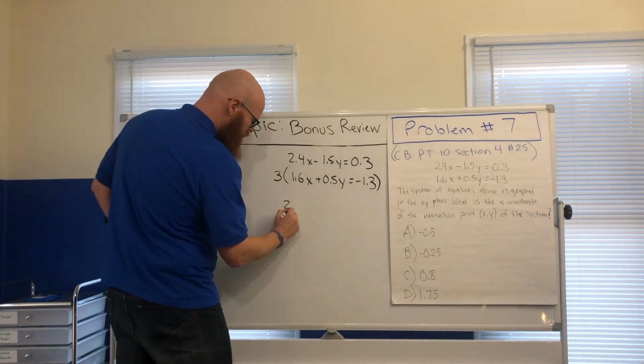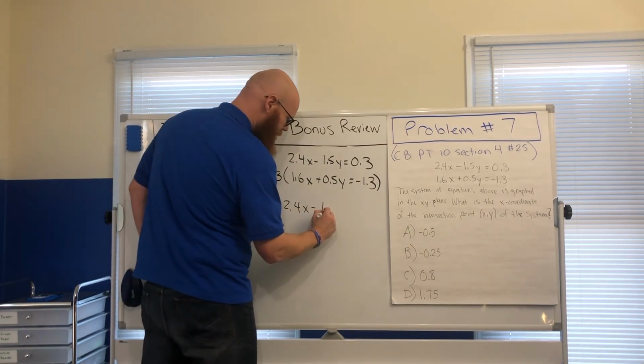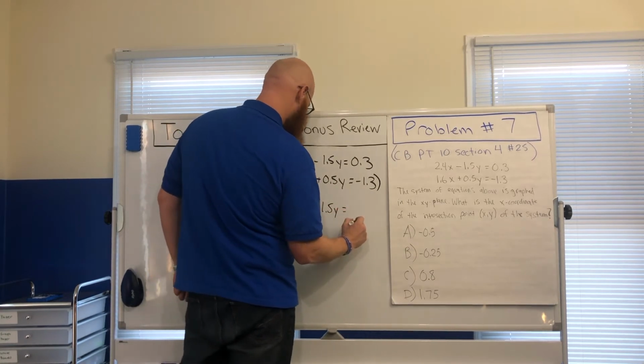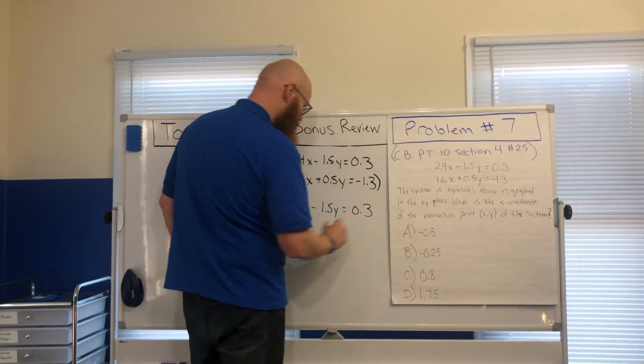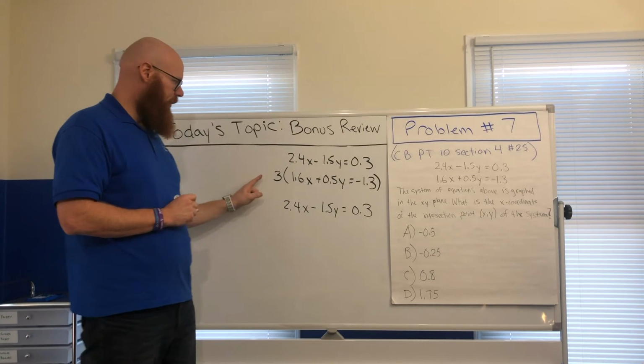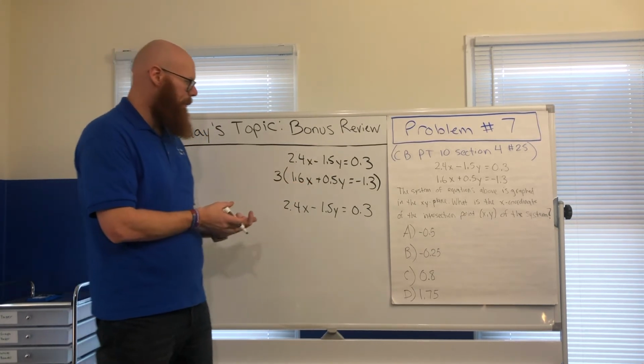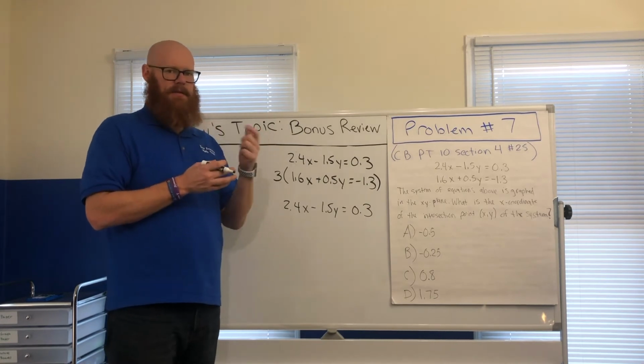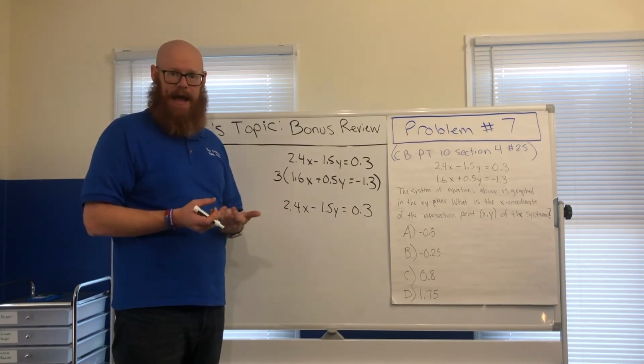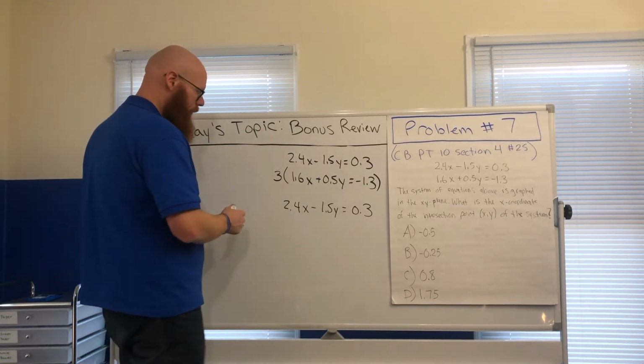So our first equation, I just keep the same. And in this case, since they're already opposites, I'm going to just keep them opposite. I've said that before. You can either make them the same and subtract, or make them opposite and add. I'm going to choose to do the latter on this one.